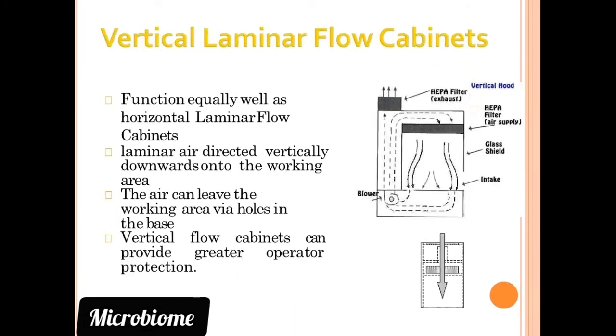Then next, vertical laminar flow cabinets. These are functionally equal to the horizontal laminar airflow. Laminar air is directed vertically downwards onto the working area. If you observe, there is a HEPA filter which is vertical to the working space. That's why it is called a vertical laminar flow cabinet.